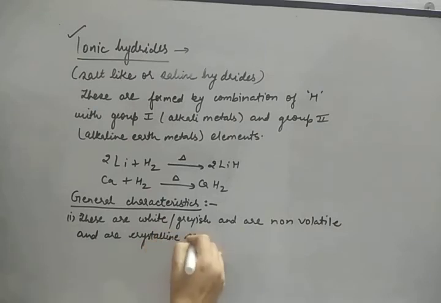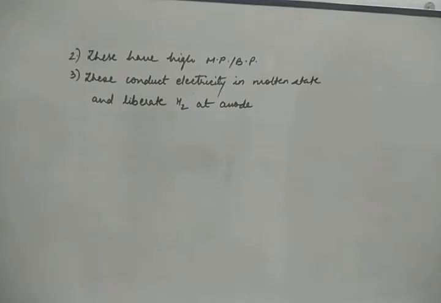Okay, they have salt-like structure. That's why they are also known as saline hydrides. The next is these have high melting point and boiling point. Okay, because they have crystalline structure, they have ionic bond, so the melting points and boiling points are very high.